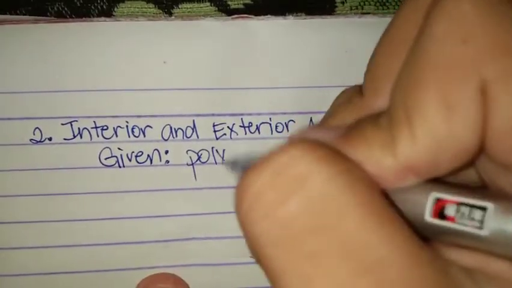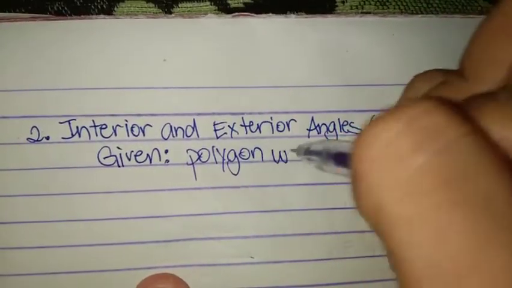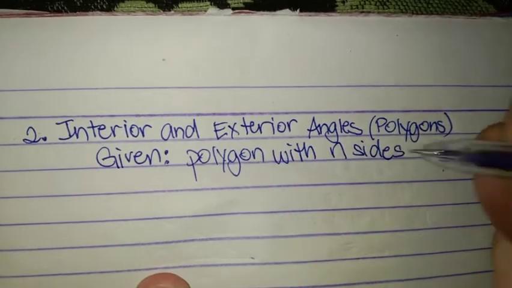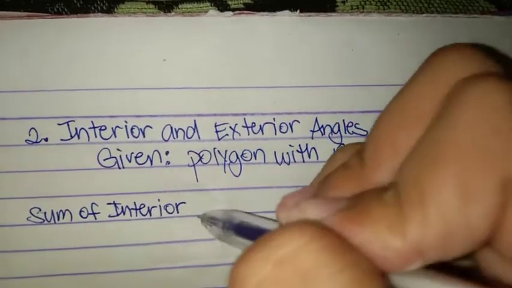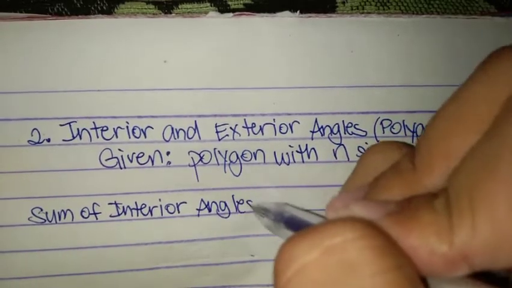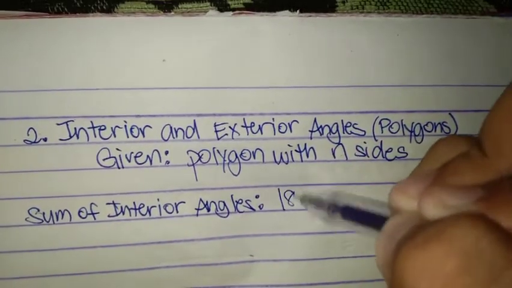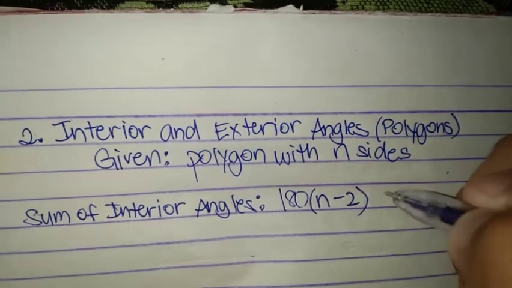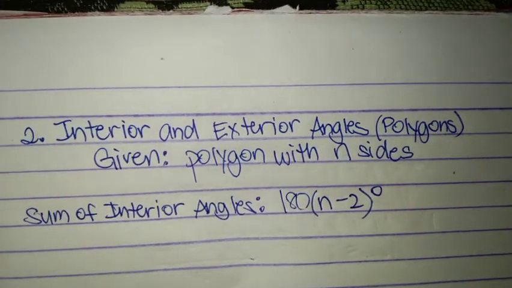Given a polygon with n sides, the formula for the sum of interior angles is 180 multiplied by the quantity n minus 2 degrees.